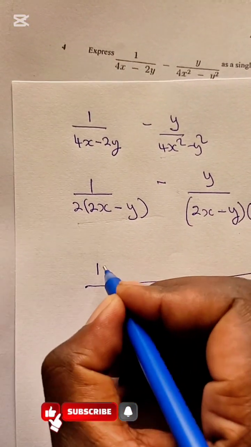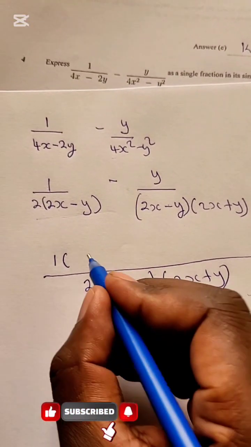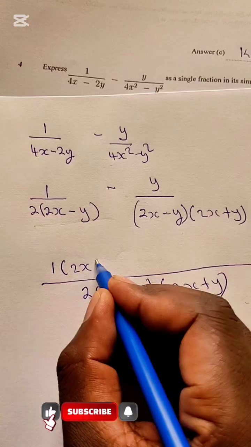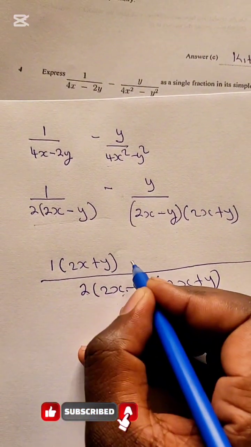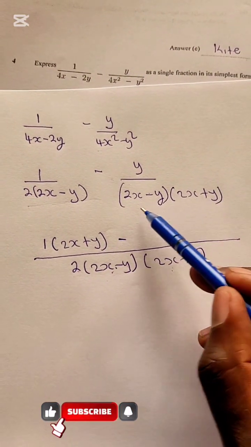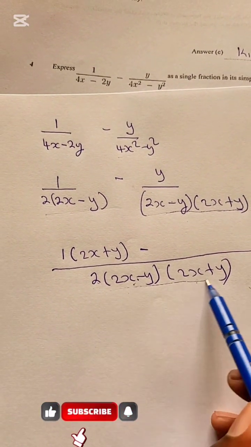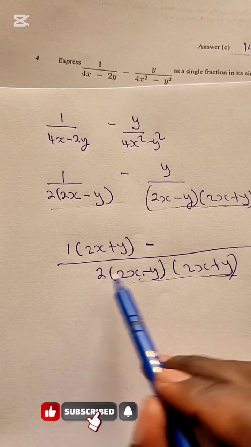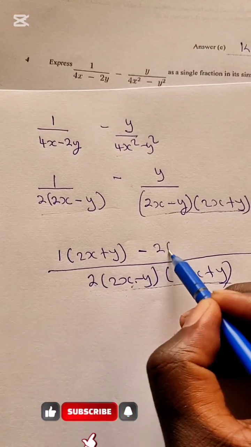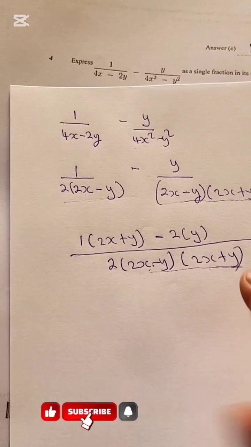So 1 multiplied by the other remaining denominator, which is 2x plus y, minus, then this whole thing, into these denominators, that's 1. We are left with the 2. So 2 is going to multiply with y.